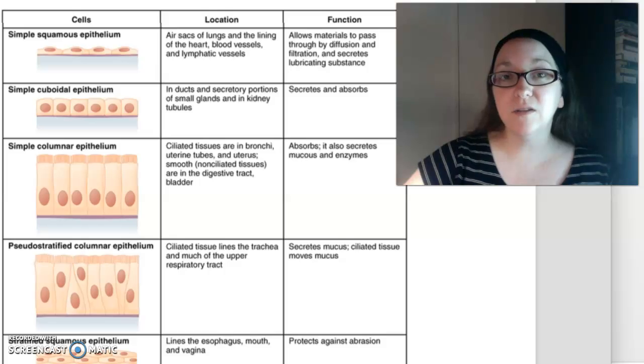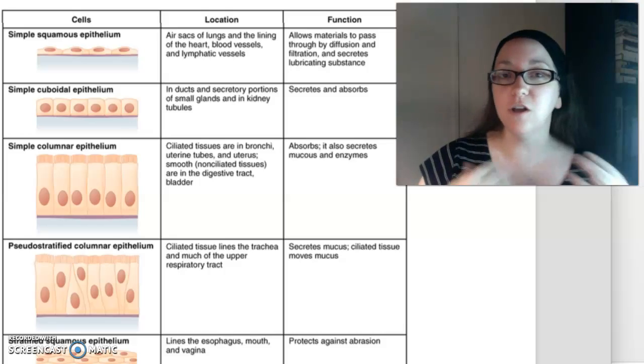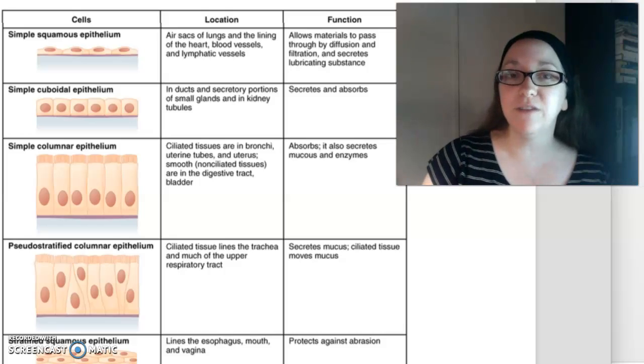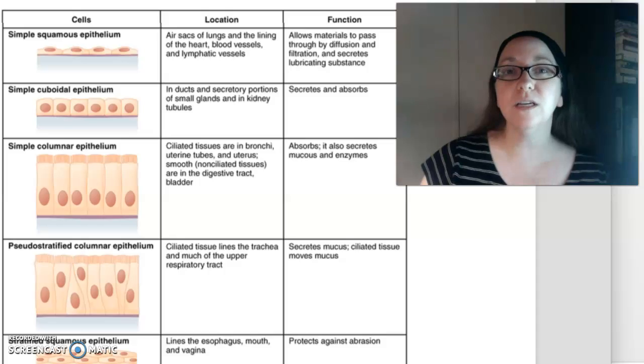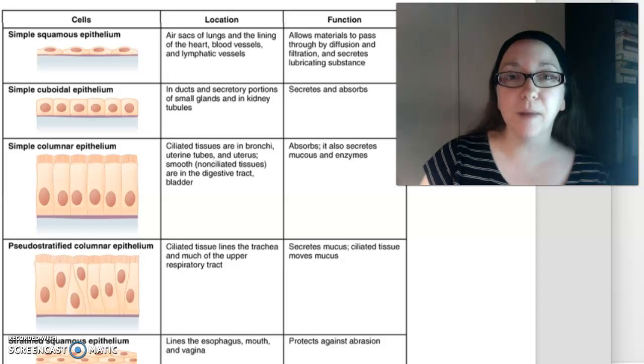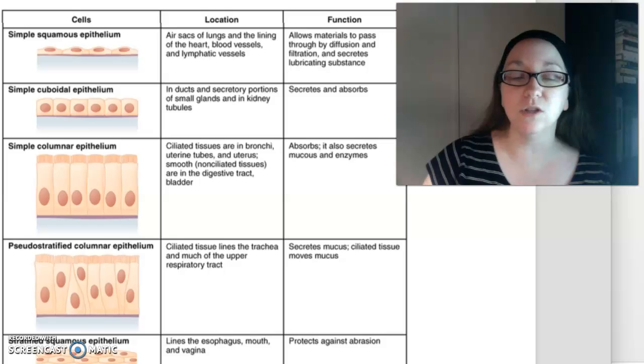I think a good activity for these tissues is to draw a little person, draw a stick figure, and put each of these on there. Draw little lungs and what kind of tissue you would find there, and do it a different way to try to integrate in your mind how the structure and function of these tissues really helps you understand what they do, and their location in the body makes sense along with that. So I'll talk through them, but follow along and we'll talk about what they all do, okay?